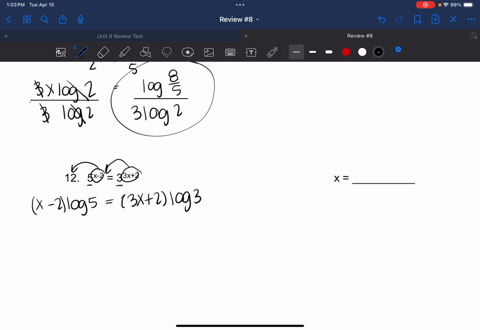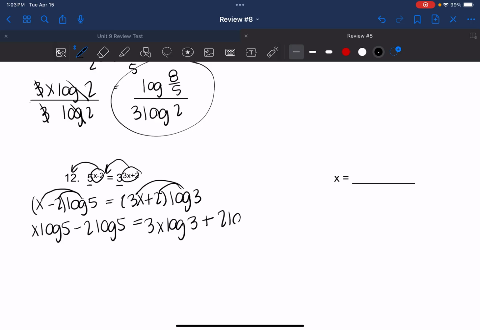I want to get x by itself, so I need to get rid of these parentheses. I'm going to have to distribute my log to both pieces to drop the parentheses. So I'm going to have x log of 5 minus 2 log of 5, and same thing over here, 3x log of 3 plus 2 log of 3.